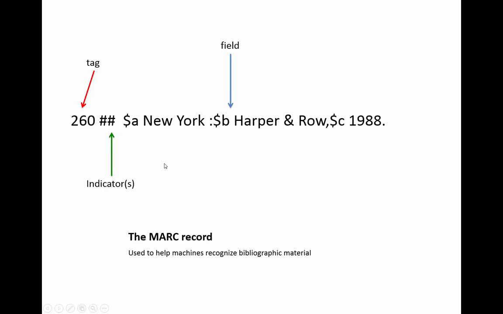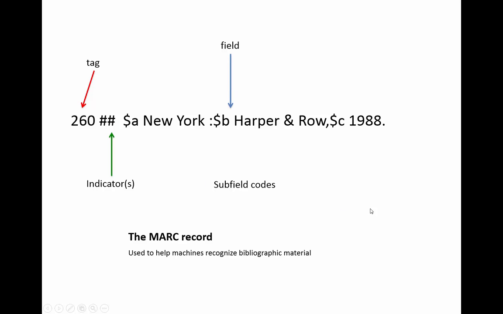It means there's nothing special. Sometimes within a line there are special characters, a 1 or a 0 or a 1 and a 3, and that tells us what kind of information we're going to expect next. A lot of times with subjects you will find indicators. Those come immediately after the tag. So the whole line is the field, and then we start with the tag, and we have our indicators.